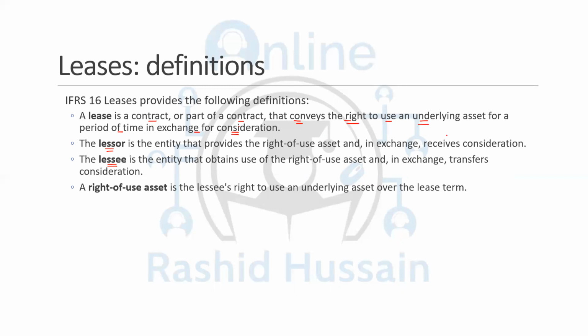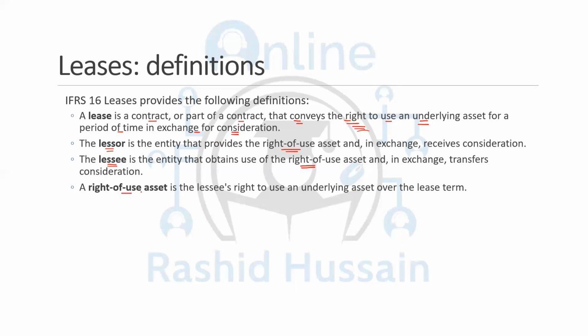When you say underlying asset, that means the assets involved within a lease contract. The right to use that asset is transferred from one party to another in exchange for the consideration. The party who gives the right to use the asset is known as the lessor, and they will be receiving the payments. The party who gets the right to use the asset is the lessee, and they will be making the lease payments.